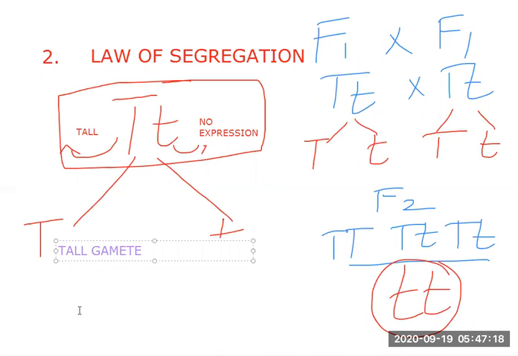This is called a tall gamete. Next, what is the expression of the small t? That means the small t gamete: dwarf. Dwarf gamete. Yeah, very good.